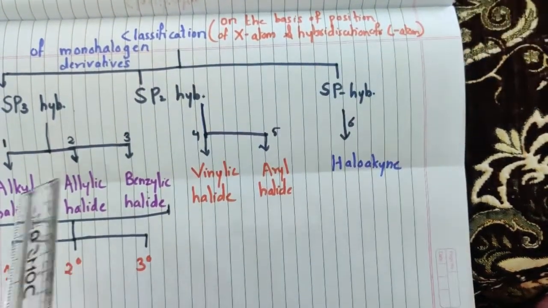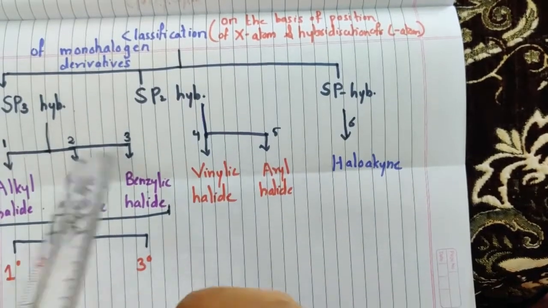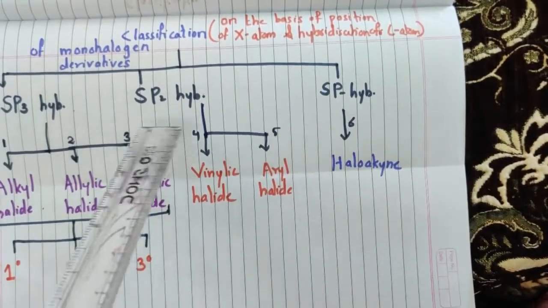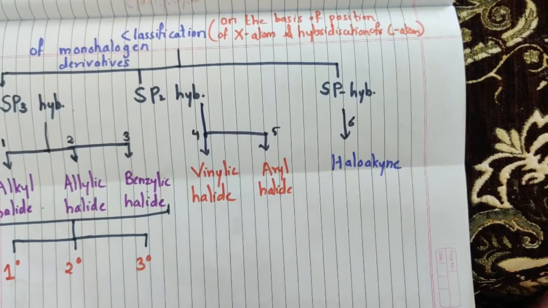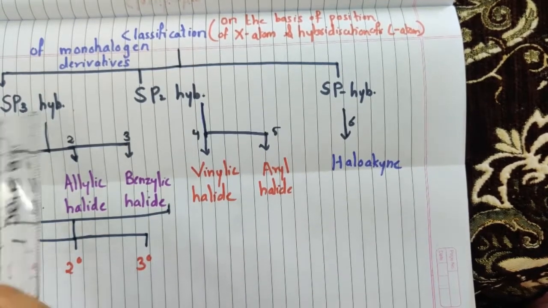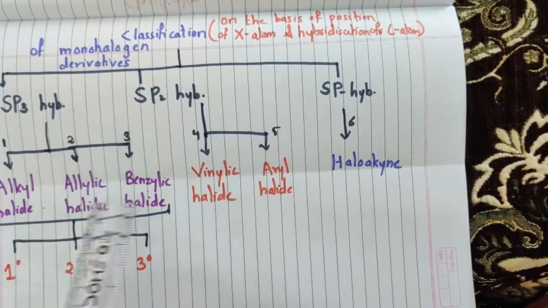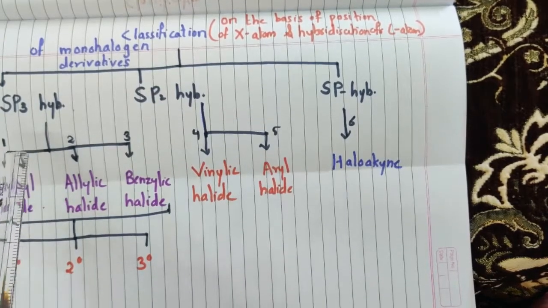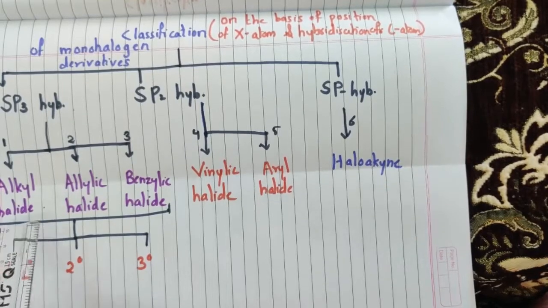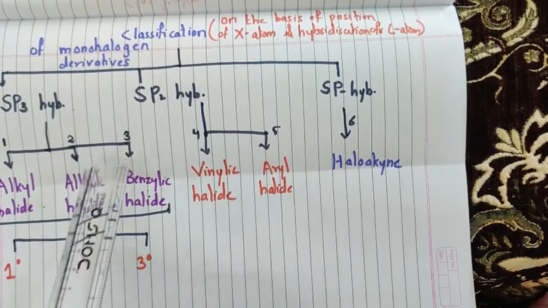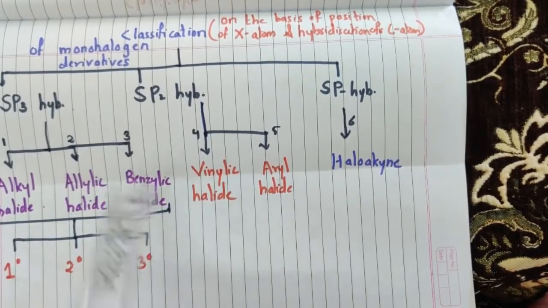We all know that hybridization of carbon atoms are of three types: sp3, sp2 and sp hybridization. So if your halogen is bonded to a sp3 hybridized carbon atom, we can get three different types of halogen derivatives, which are alkyl halide, allylic halide and benzylic halide.